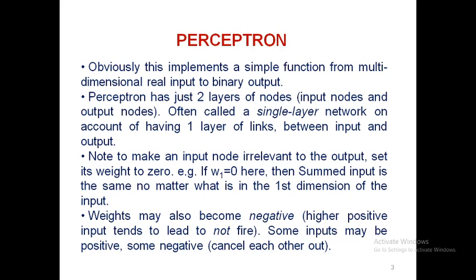So to make an input node irrelevant to the output, set its weight to 0. For example, if W1 is equal to 0, then the summed input is the same no matter what is in the first dimension of the input. That means we are connecting each input node to all the output nodes.